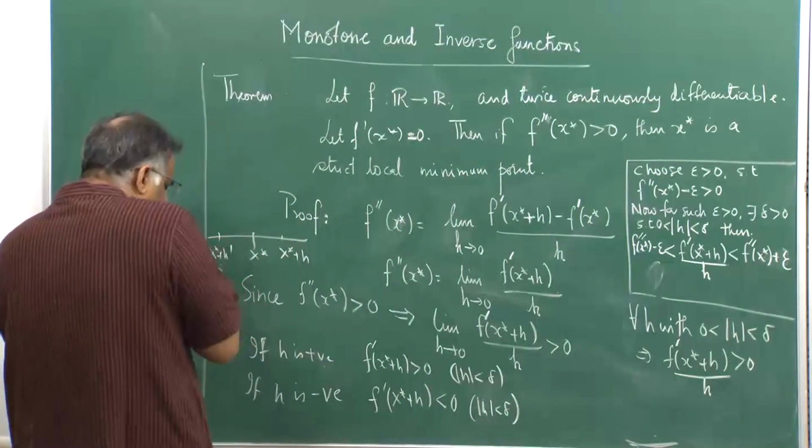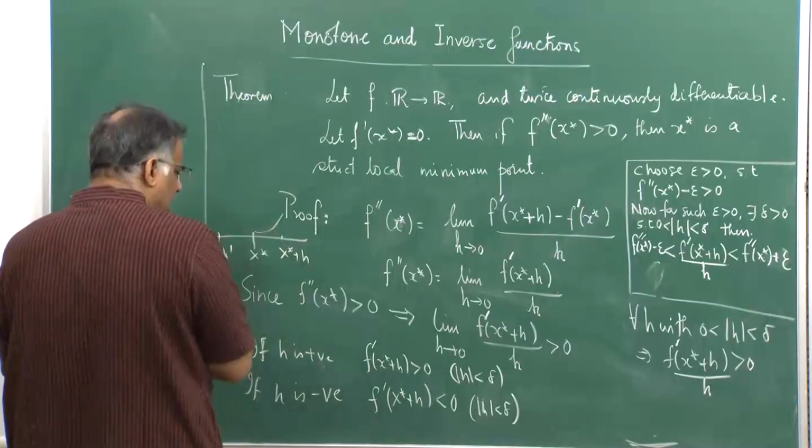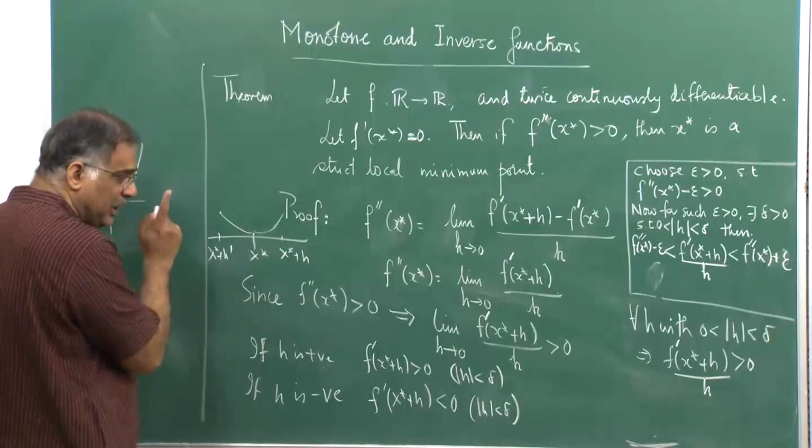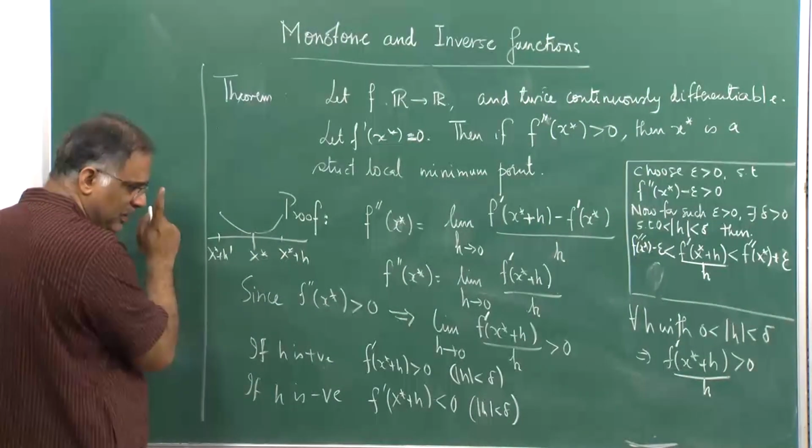So, between x star and x star plus h, the function is increasing, and between x star and x star minus h, the function is strictly decreasing. Please understand the term.